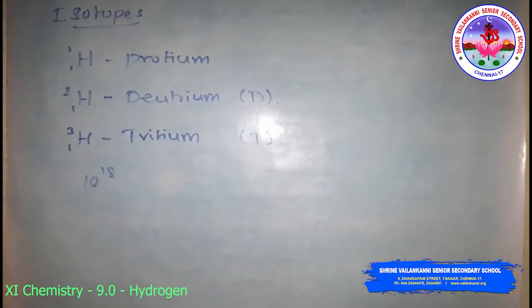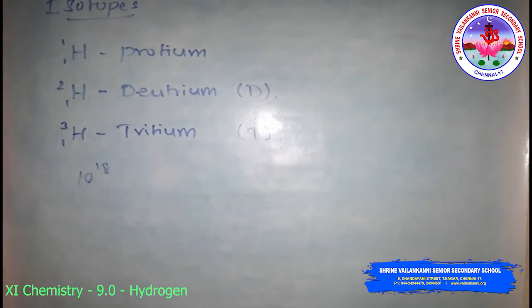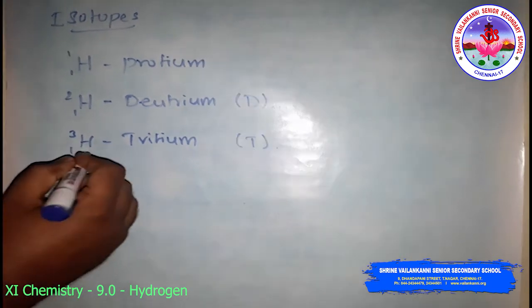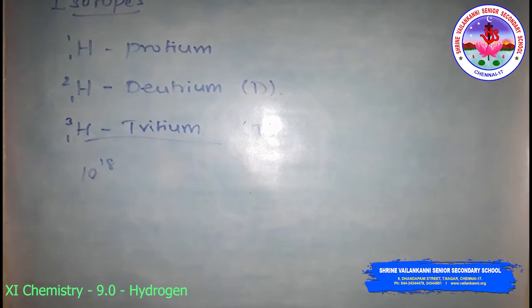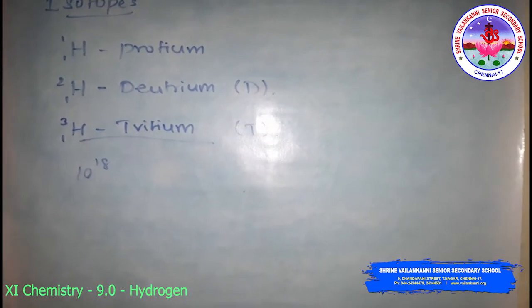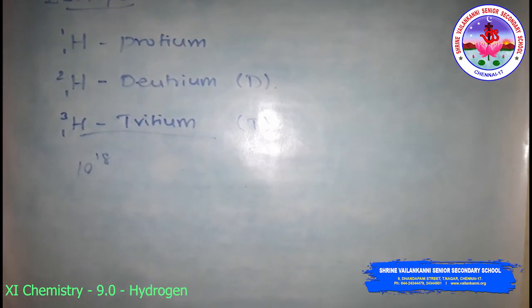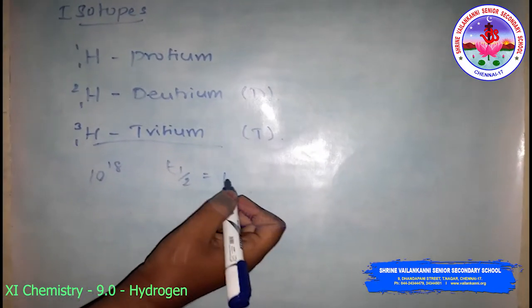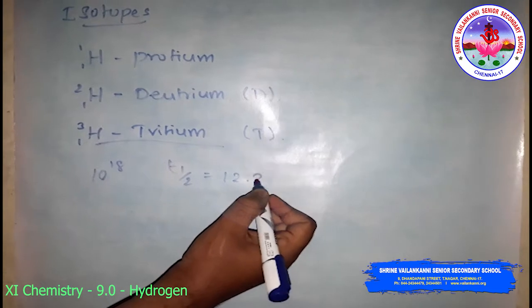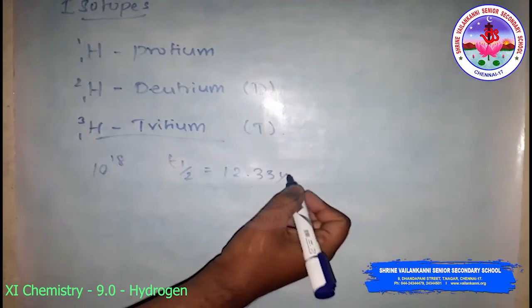Of these isotopes, only tritium is radioactive and emits low energy beta particles. Its half life, T half, is usually 12.33 years.